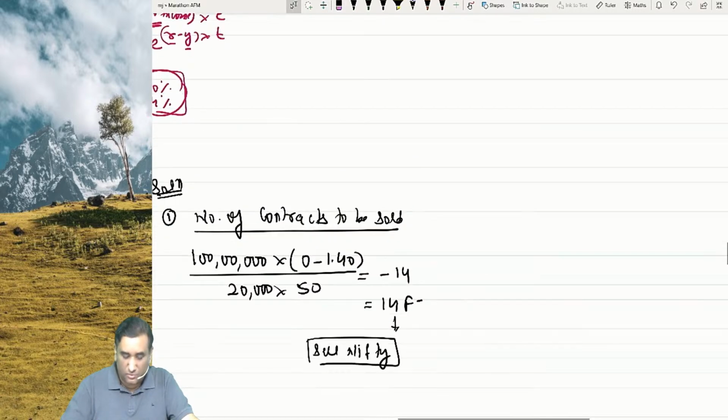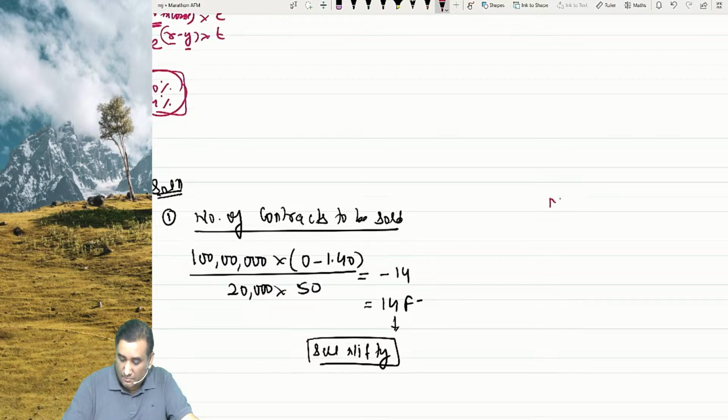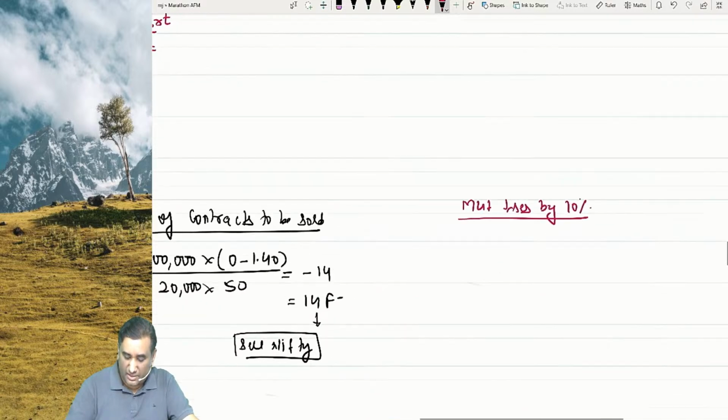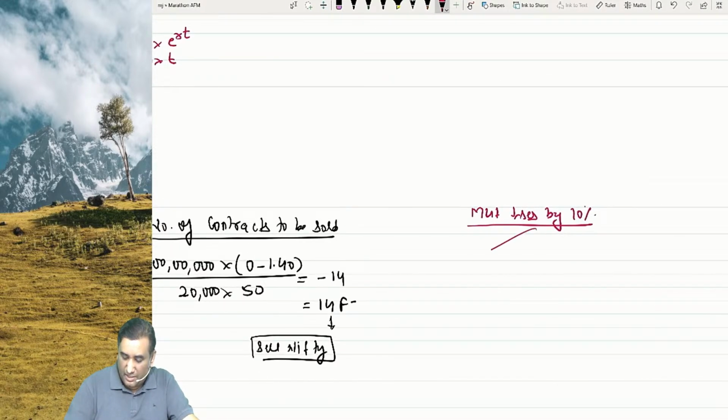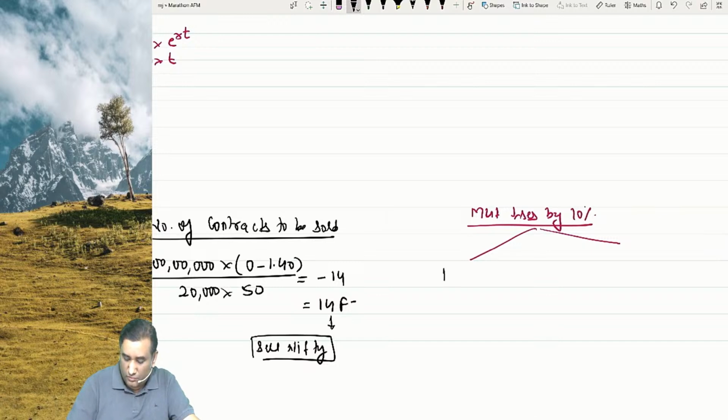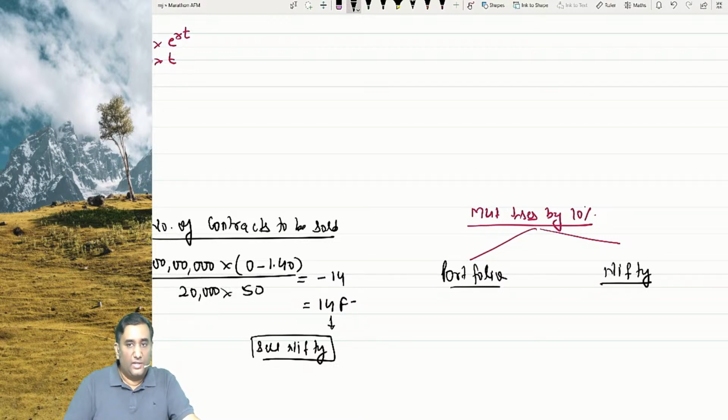The second part he asked was how the hedging is attained. Let's suppose the market declines by 10%. One is our Nifty position. Second is the portfolio; the change in the portfolio will come as per your beta of the portfolio, 1.4.